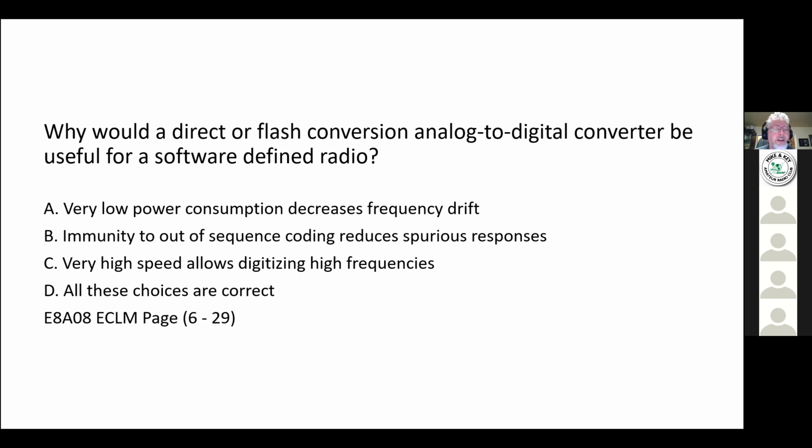C, very high speed allows digitizing high frequencies. Or D, all these choices are correct. Charlie. Charlie is correct. Very high speed allows digitizing of high frequencies.